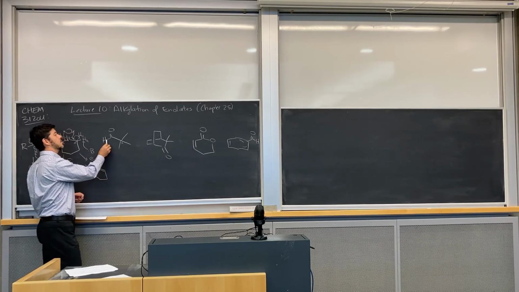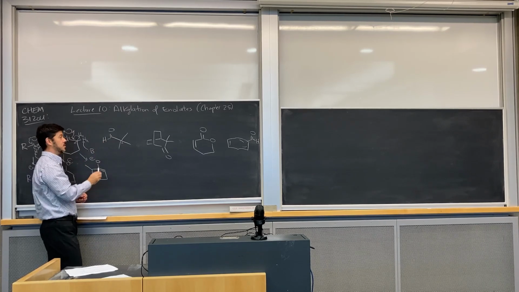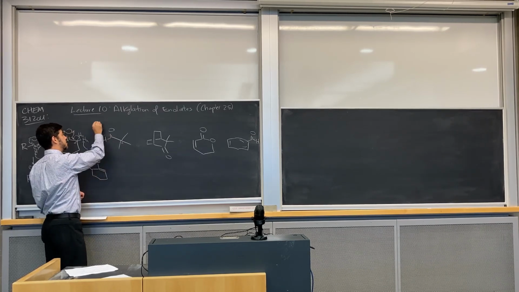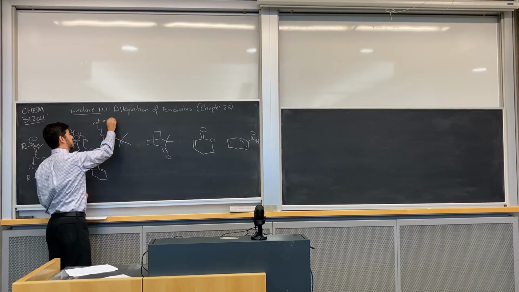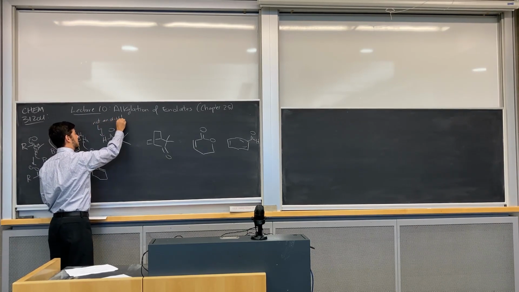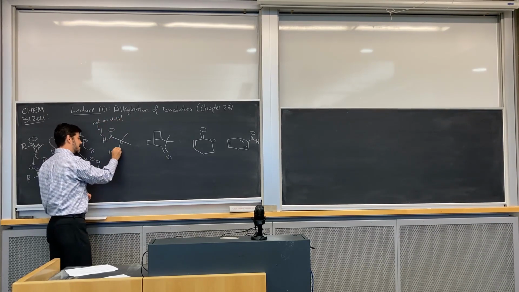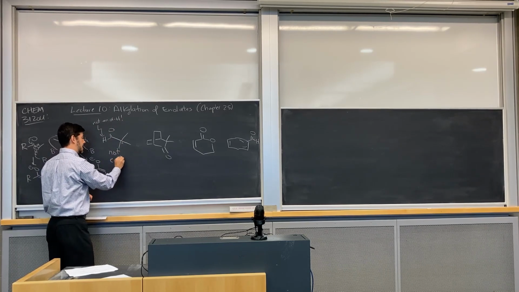And do not try to remove this proton here. This proton is not acidic and it's directly bonded to this carbonyl group, so this is not an alpha proton. So this compound is not enolizable.